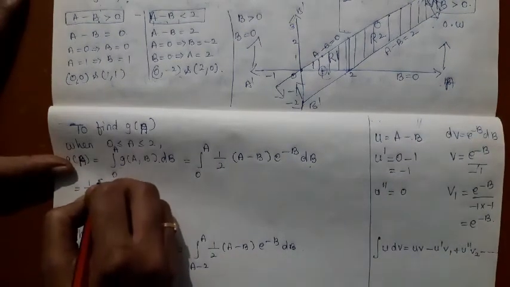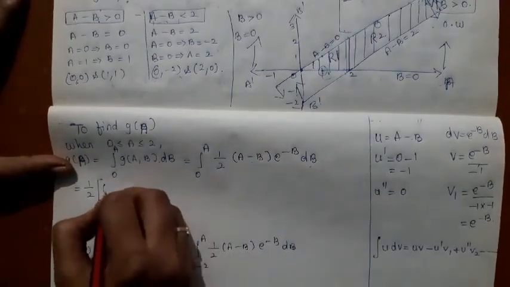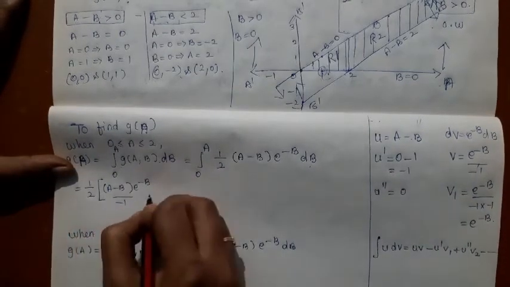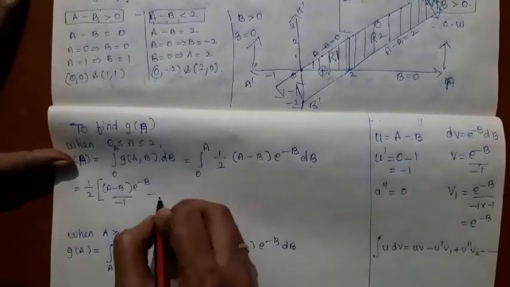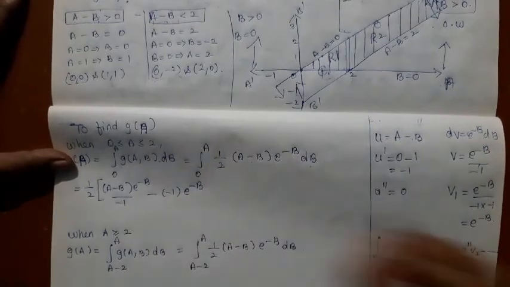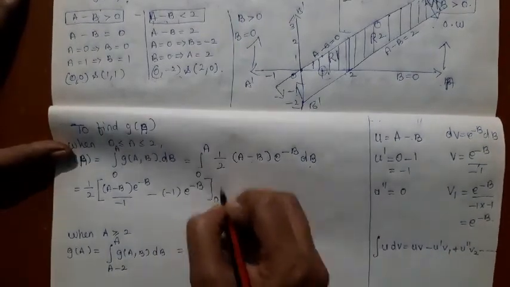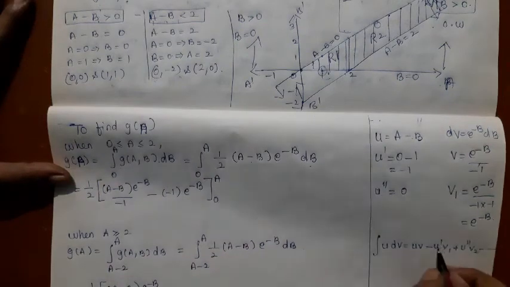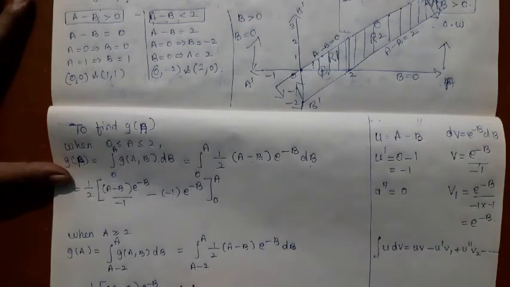So let us integrate 1 by 2, u is a minus b, v is e power minus b by minus 1, minus u dash, which is minus 1, v1 is e power minus b. After that everything becomes 0. That's all the answer for this. Here again 1 by 2 is taken out.